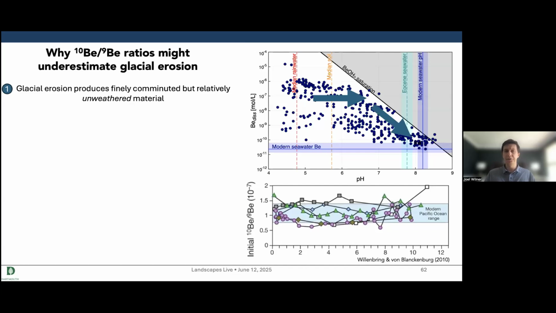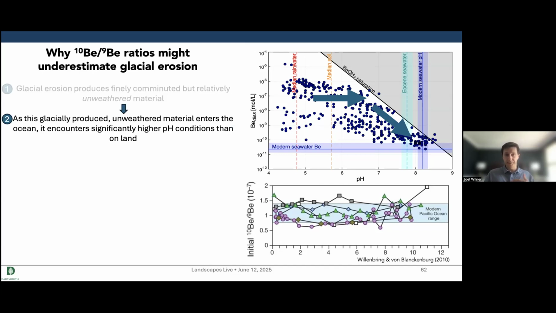Our argument here, our chemical argument, is that glacial erosion produces finely ground but relatively unweathered material in this cold environment. As this glacially produced but somewhat unweathered material enters the ocean, it encounters pH conditions that are significantly higher than it had on land, and you encounter this saturation curve.